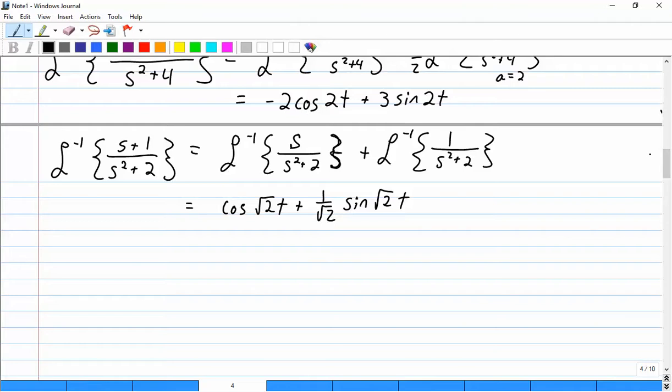Now, what if we had the inverse Laplace transform of s squared plus 6s plus 9 over s minus 1 times s minus 2 times s plus 4?